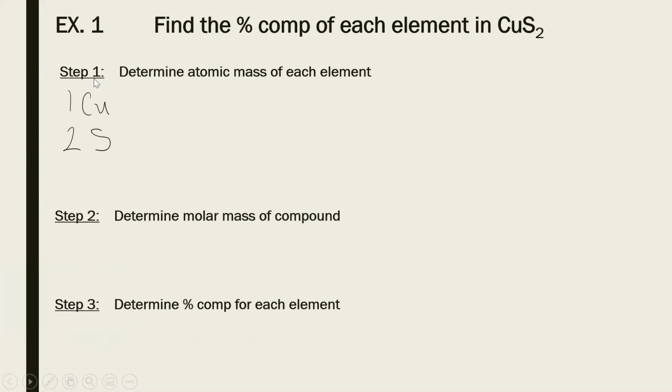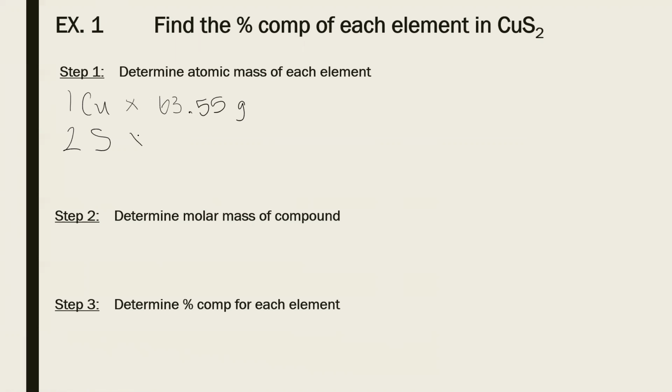Okay, now you need to look at your periodic table and look at the atomic mass. So in your periodic table, the box for copper, and you don't want to round. I know we've been rounding a lot. This is not the time to round. So go 2 decimals. So copper is about 63.55 grams atomic mass.